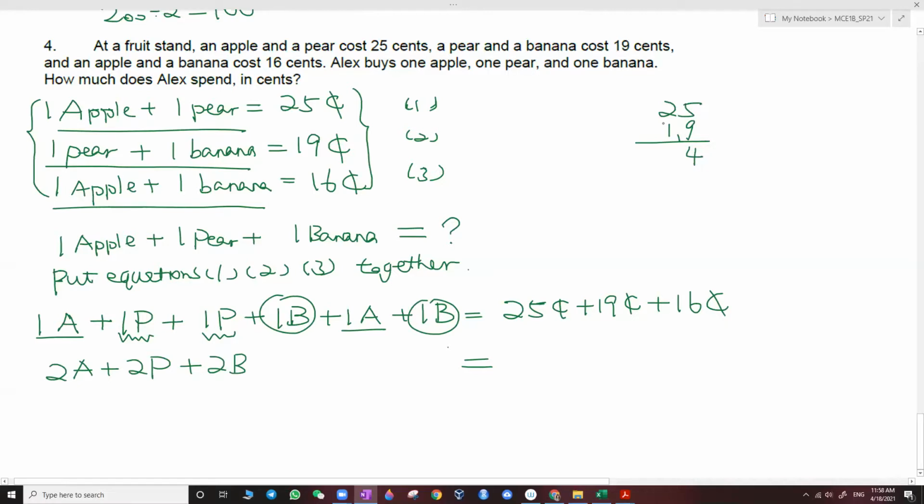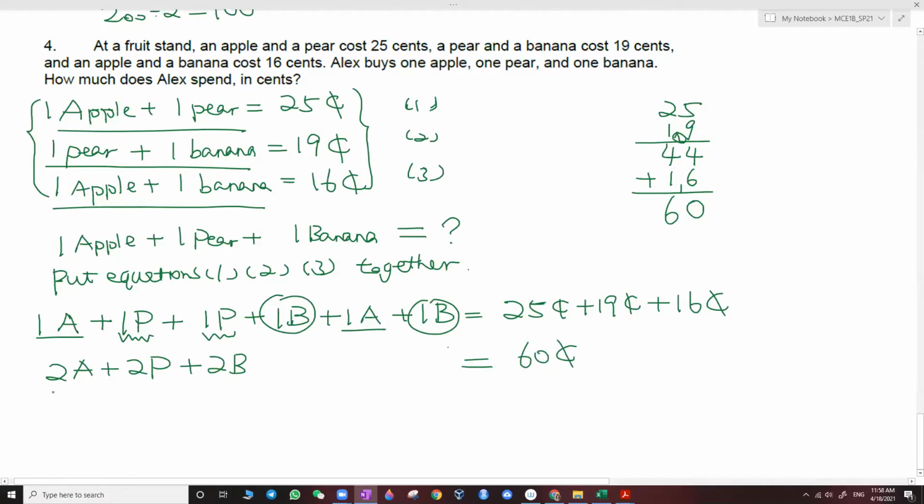And then 44 and 16, that's 60 cents. So on the right side, I have 60 cents.